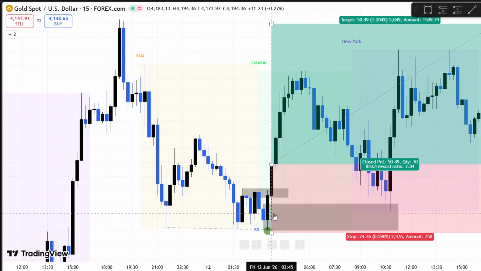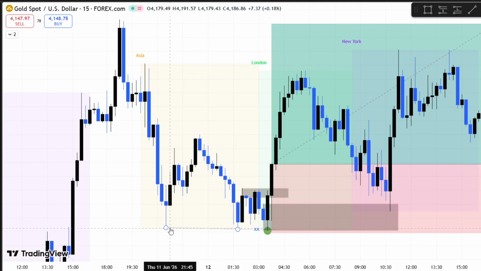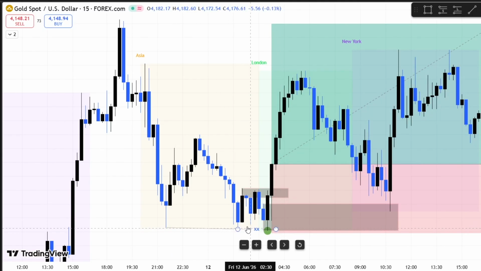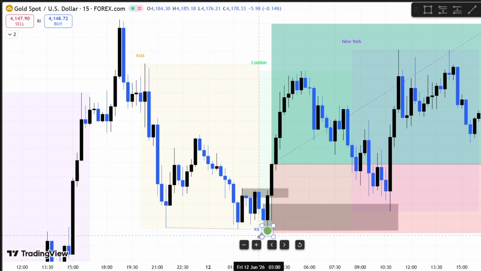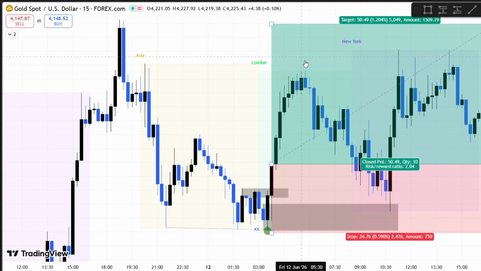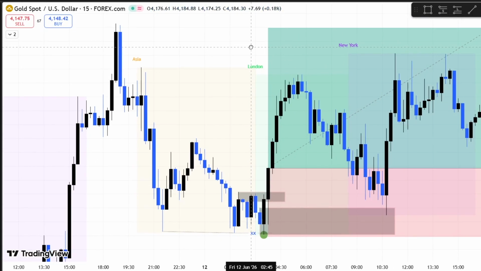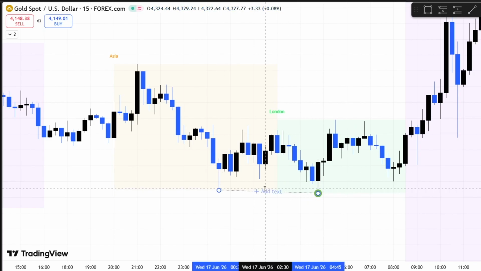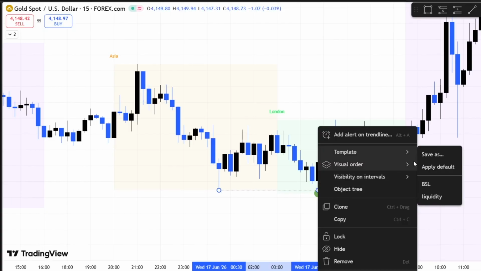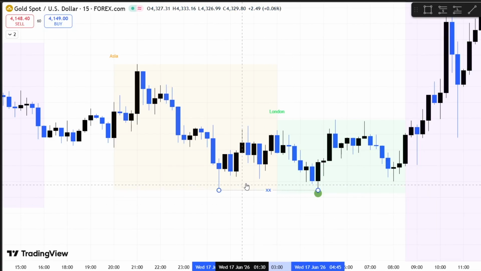So this is another example. We swept the Asian lows, and here we had more confluence of unequal lows. No sooner had we taken out these lows than price moved up, as you can see. We swept our liquidity and price started moving.